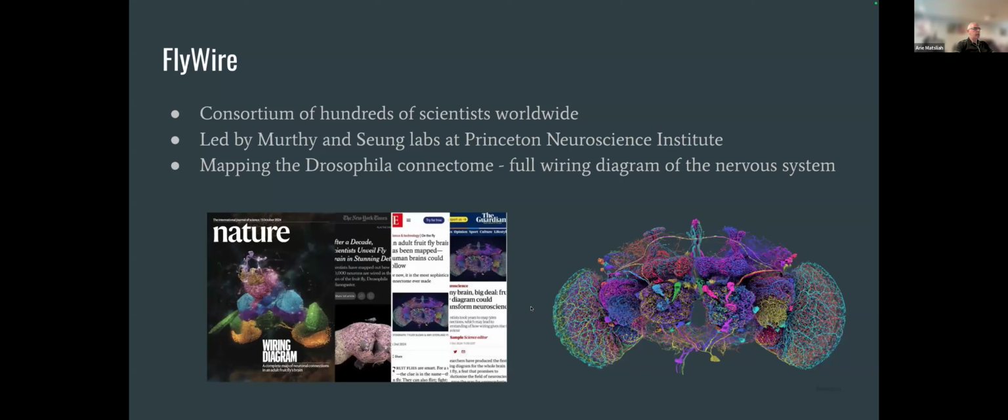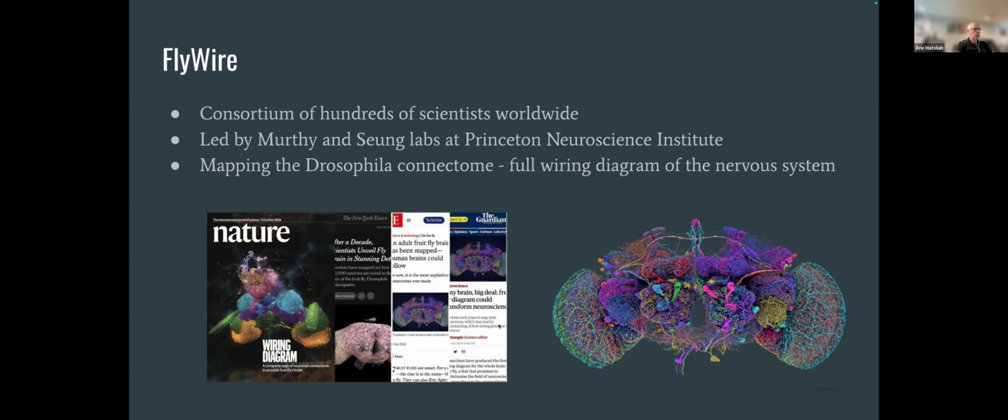For those that are not familiar, Flywire is a consortium of many labs and hundreds of scientists worldwide, including citizen scientists. It is led by the Murthy and Seung Labs at the Princeton Neuroscience Institute, and the mission of Flywire is to map out completely the Drosophila nervous system.